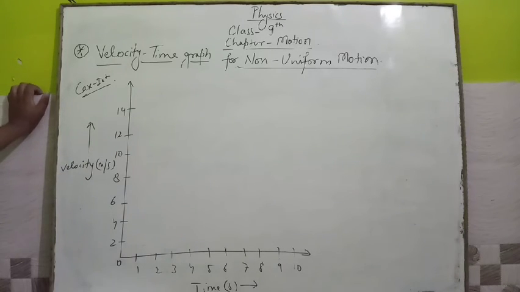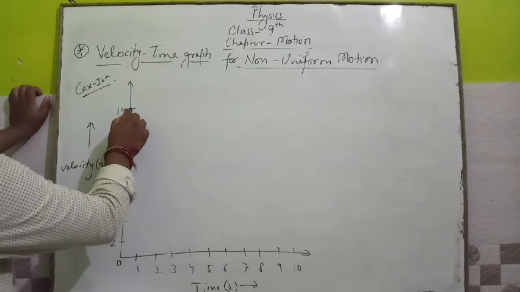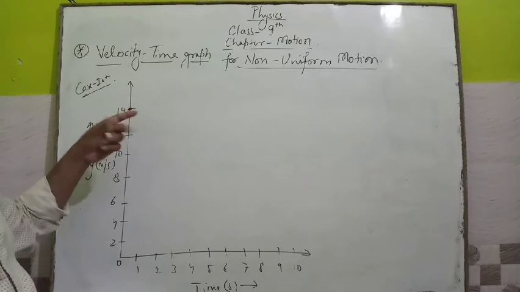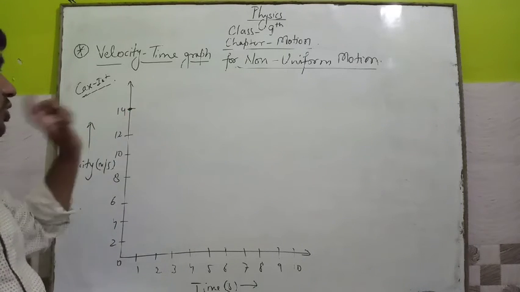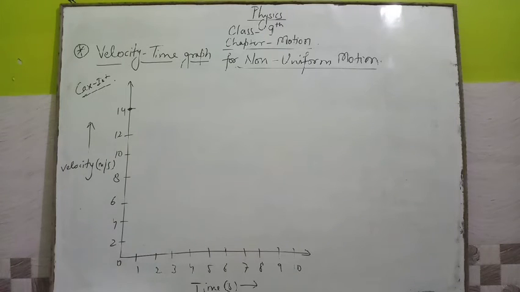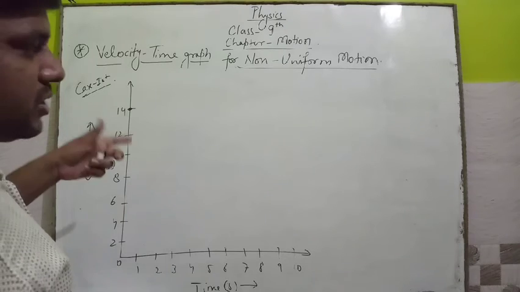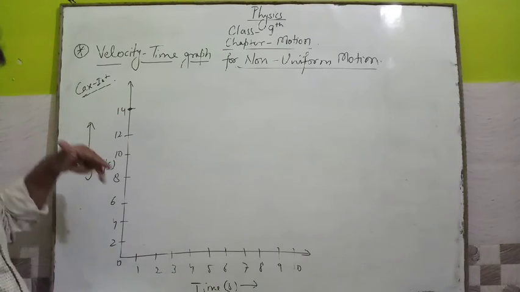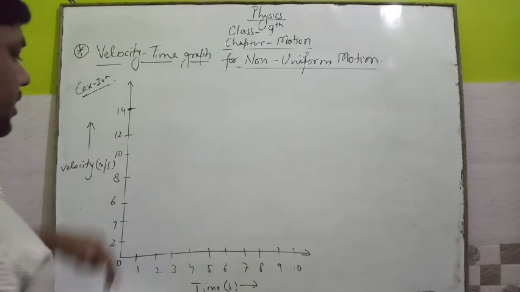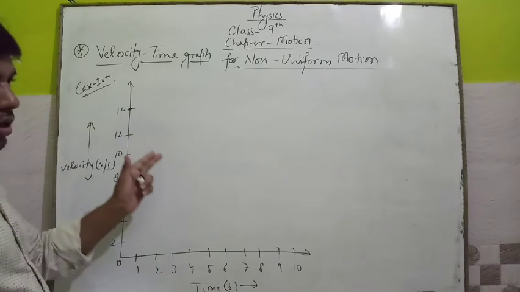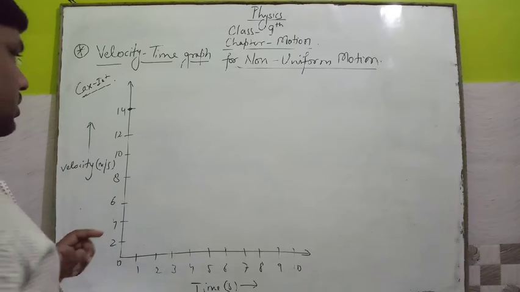Suppose the object velocity is 40 meters per second, and after applying a brake, the object velocity decreases, and with respect to time the velocity also decreases.